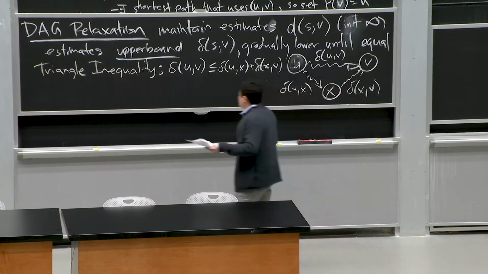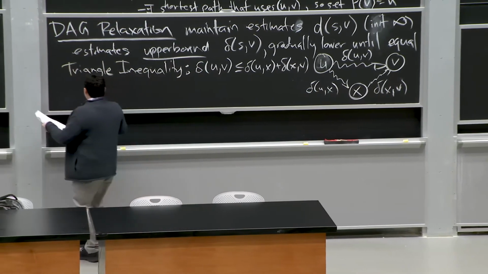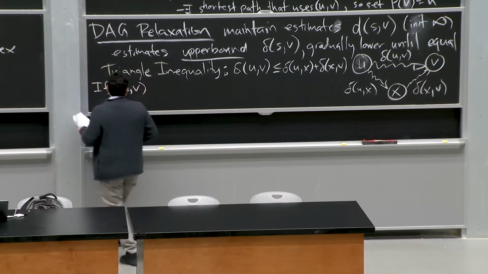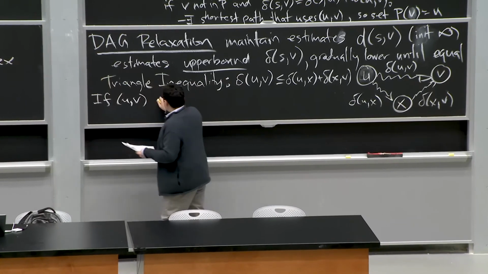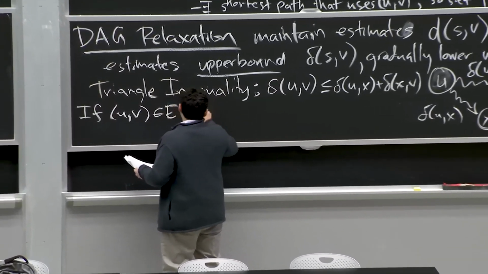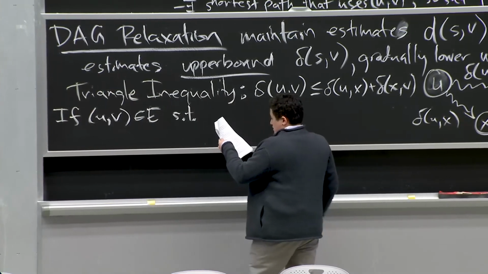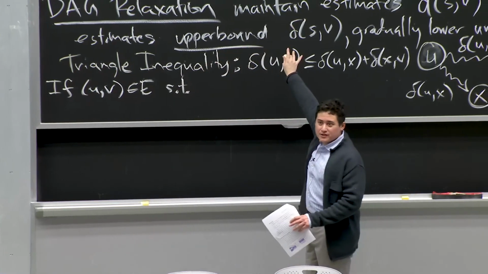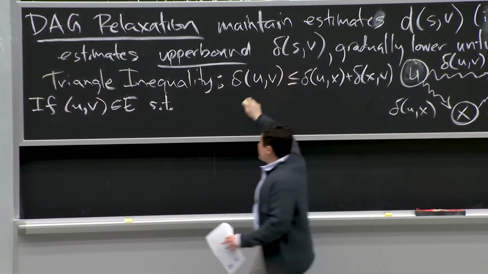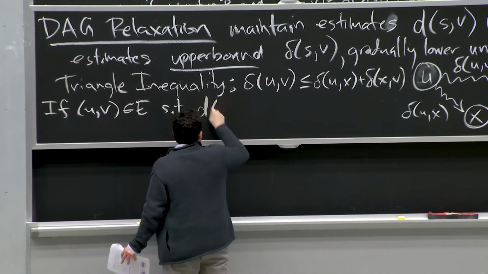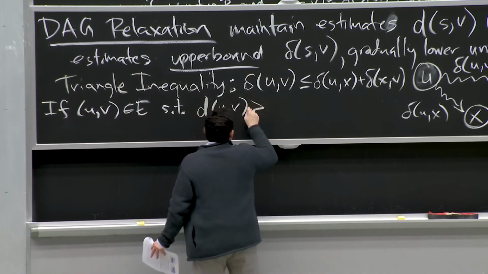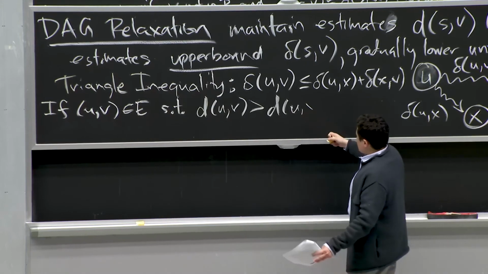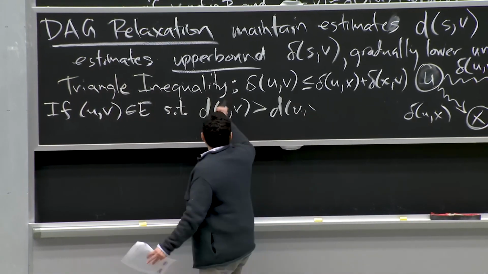Well, if there's an edge u, v in my graph such that this condition is violated for the estimates that I have, it obviously can't be violated on my shortest path distances, but if it's violated on the estimates, say d of v is bigger than d of u plus the edge weight... I want this to be s.